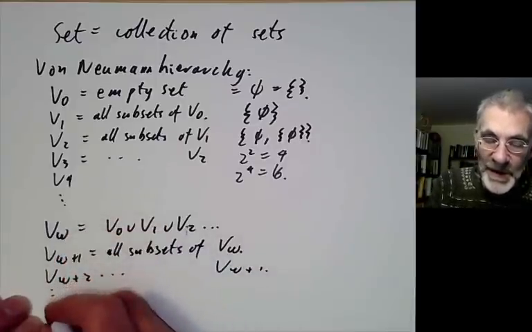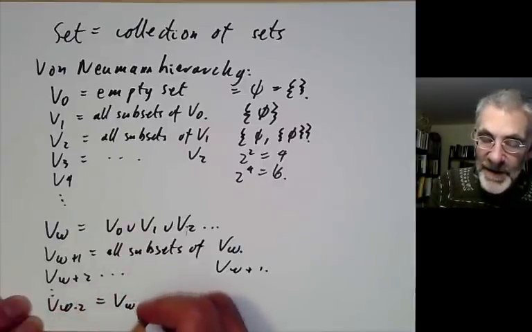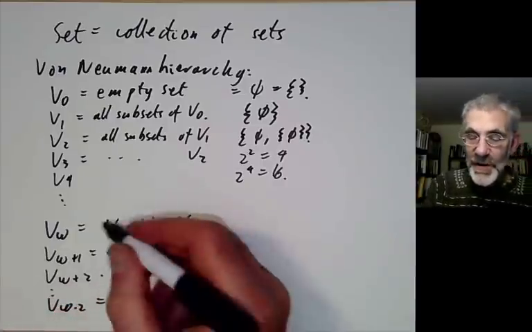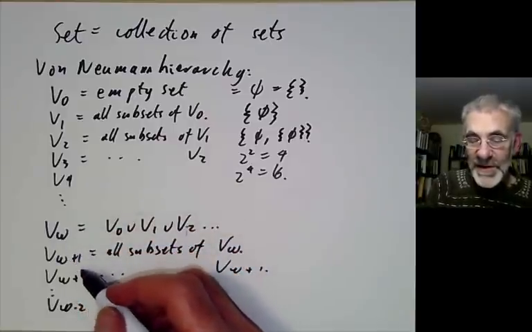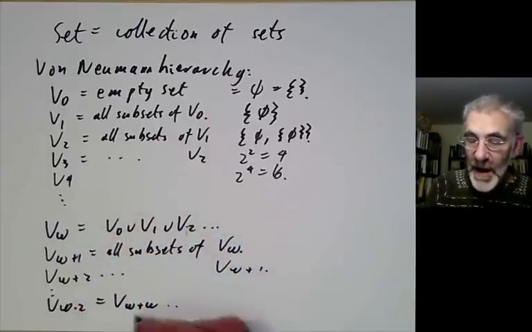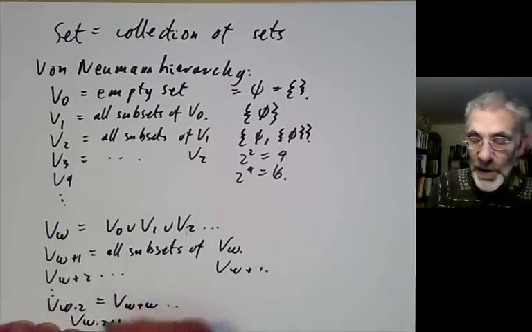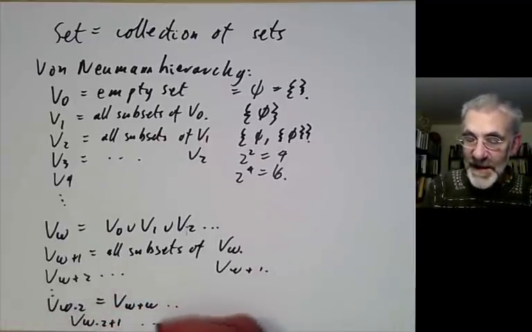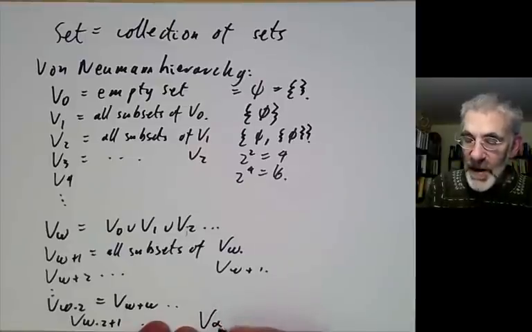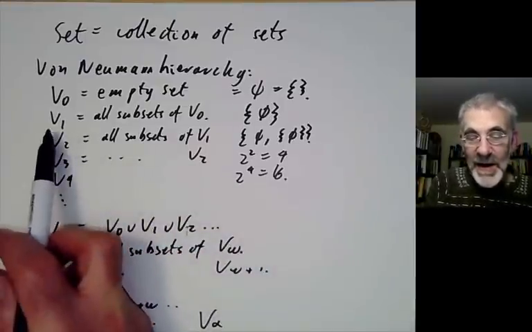And we go on like this and we get to V omega times 2, which is V omega plus omega, the union of V omega plus 1, V omega plus 2, and so on for all finite integers. Then V omega times 2 plus 1 is the set of all subsets of this. And more generally, for any ordinal, we can form a set V alpha by repeating this process.